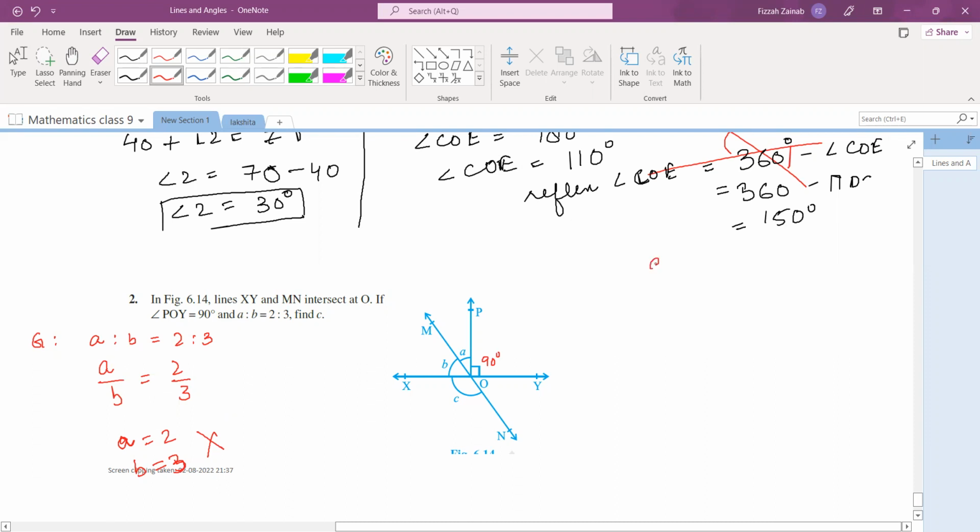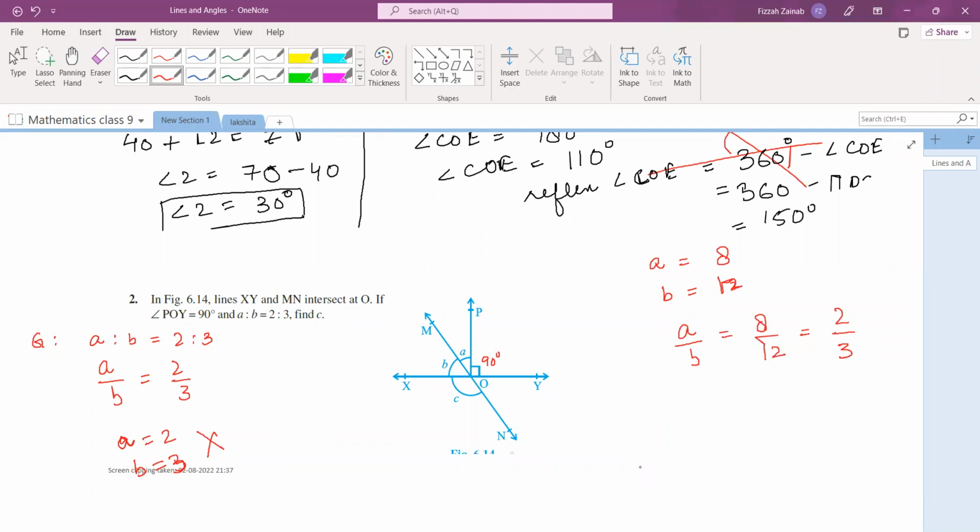For example, if A is, let's say, 8 and B is 12, and I find A upon B, what will I get? 8 upon 12, which is again 2 upon 3, right? So when I have A equal to 8 and B equal to 12, then also the ratio is 2 is to 3, isn't it?